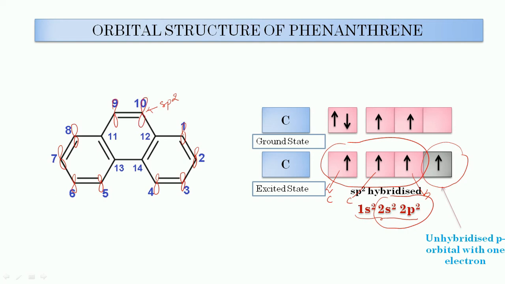So there are a total of 14 pi electrons in phenanthrene, and it is in accordance with Huckel's rule, or we can say that phenanthrene is aromatic in character. So it is all about the orbital structure of phenanthrene.